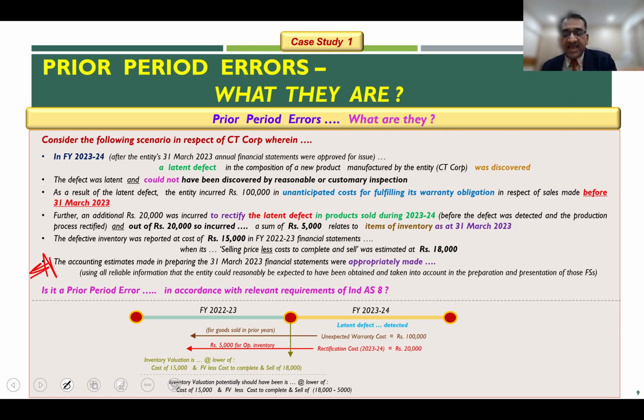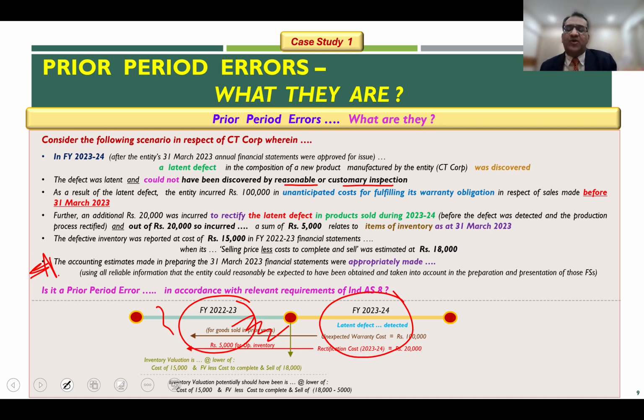It says, yes, the error has happened in this period, which was discovered in 23-24. But the error was latent by any reasonable expectations, by reasonable and customary inspection. You could not have identified that mistake.